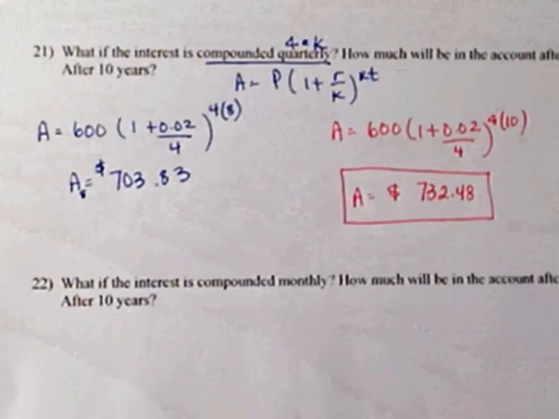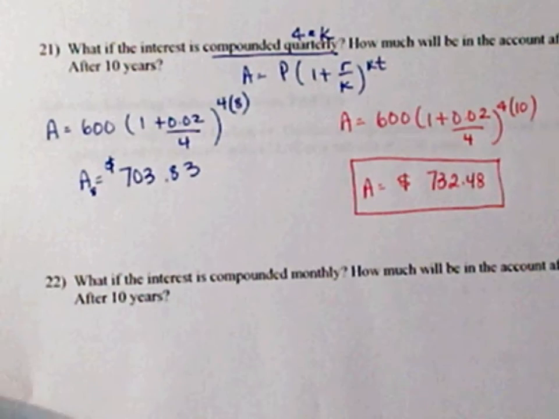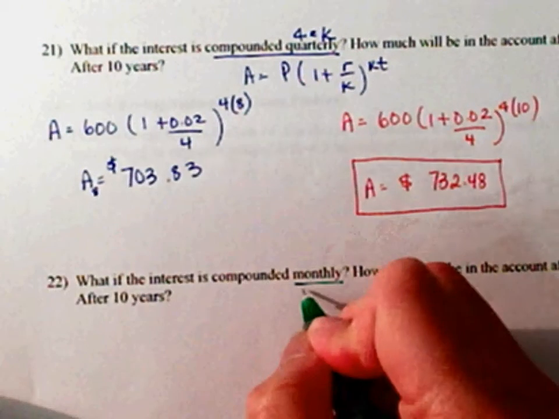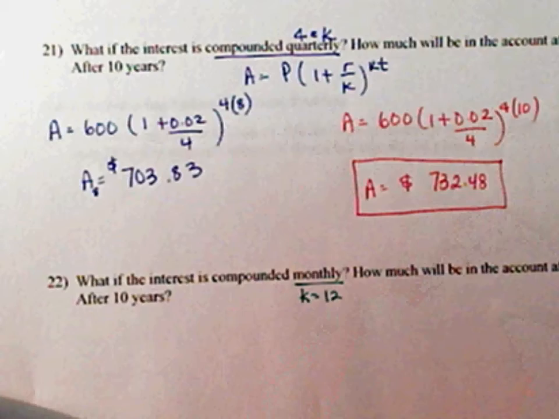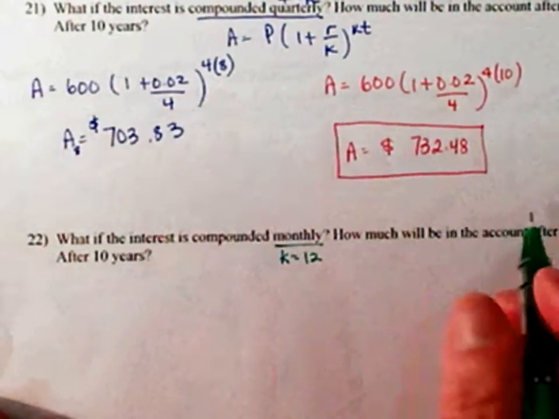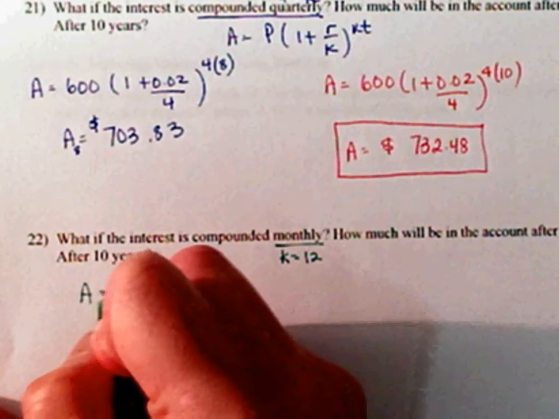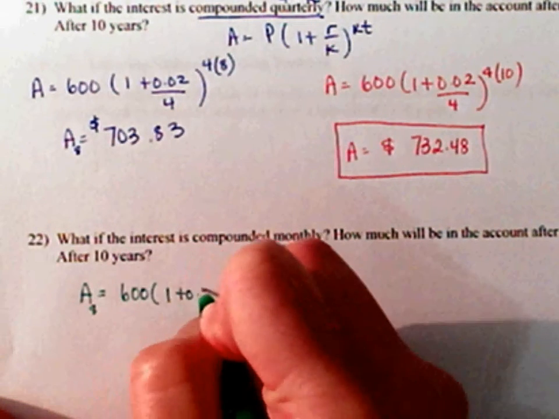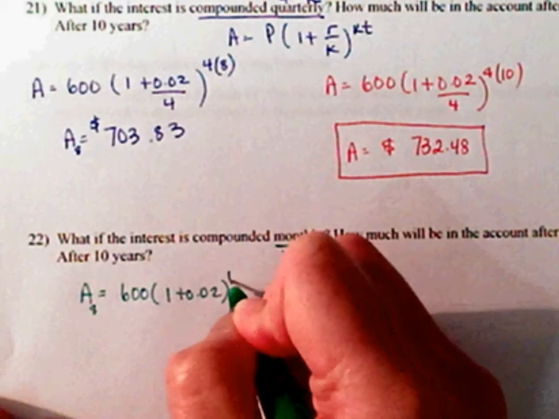Number 22. What if it's compounded monthly? Well, how many times a year is a month? That'll be 12. We're going to do it for 8 years, and we're going to do it for 10 years. Okay? Same formula. So now you have A. This is for 8 years. 600 at 0.02, 12 times 8. Same thing.